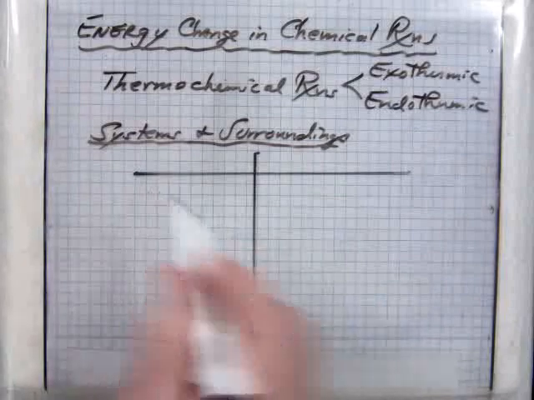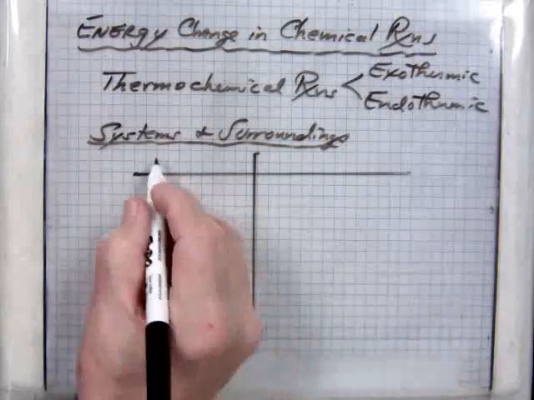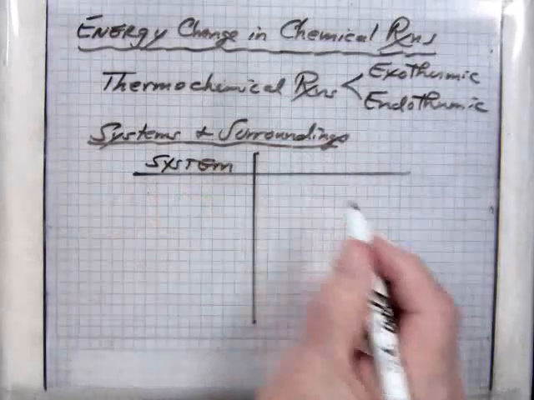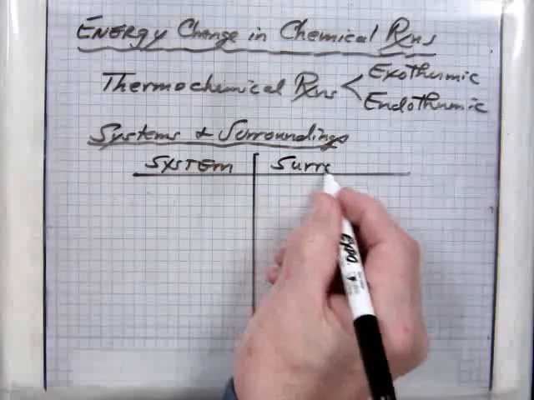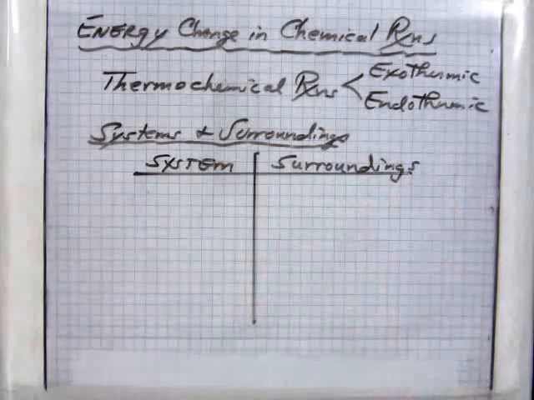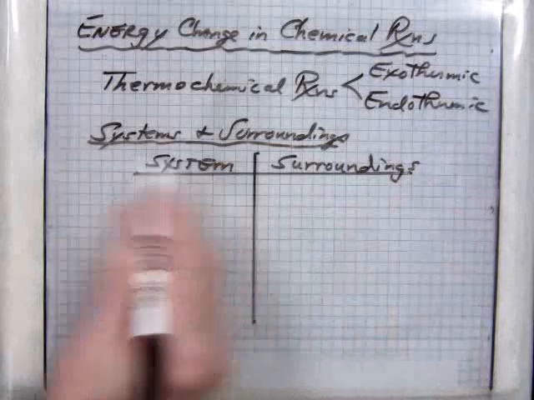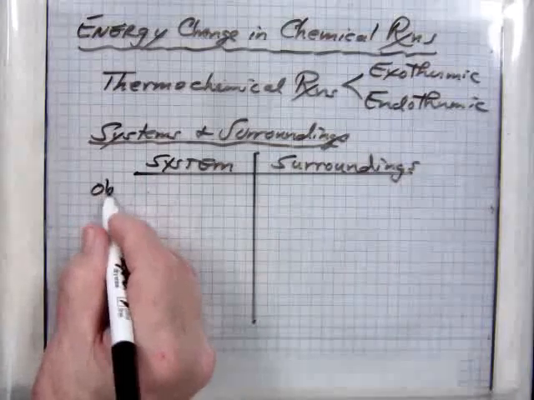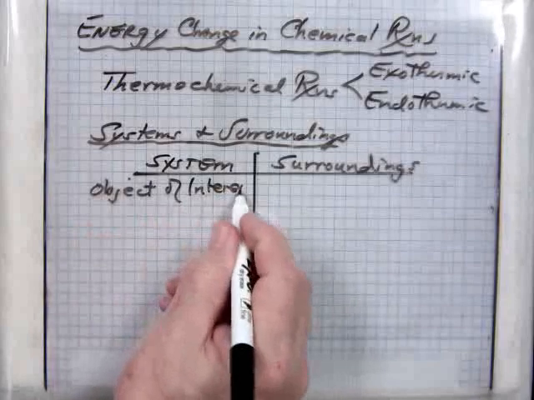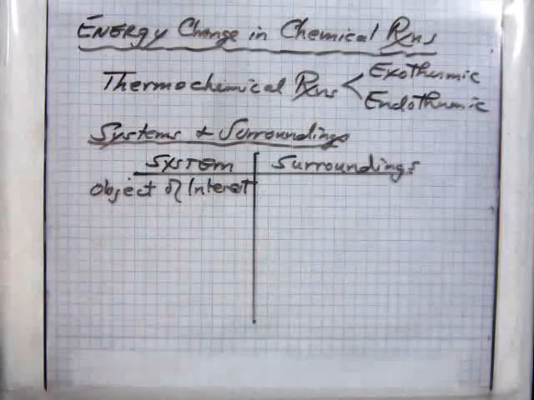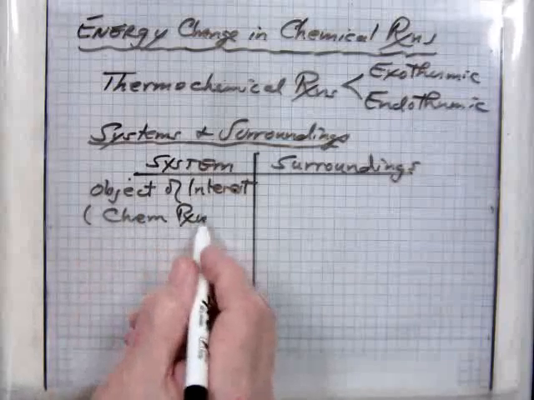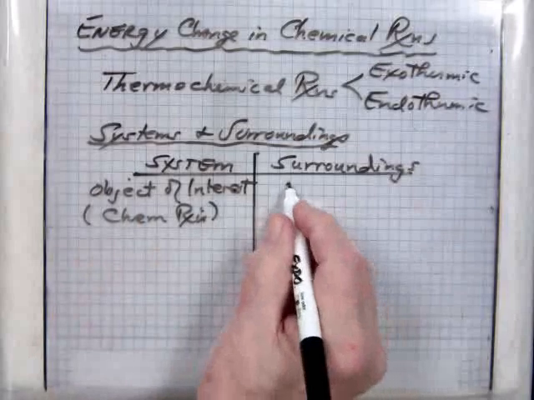On the left, what we're going to do is put the system up here, and on the right, the surroundings. Now, when we talk about systems, this is the object of interest. That is the chemical reaction. And the surroundings is everything else.